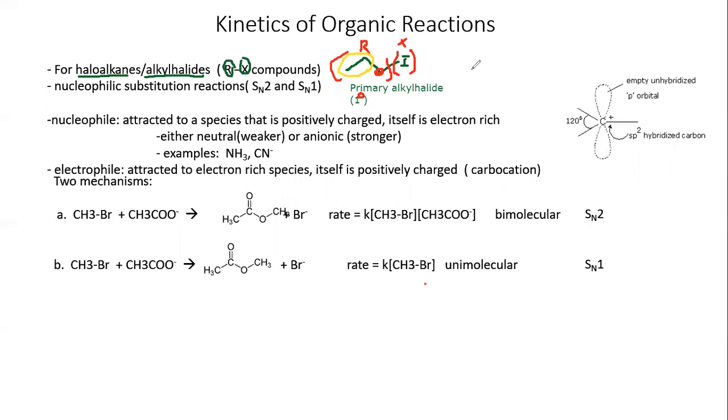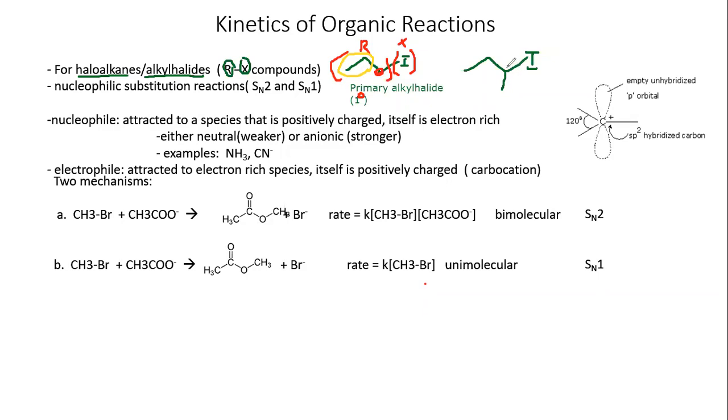So if we look at a secondary alkyl halide, let me go back to green. I'll draw the same molecule, but now make it a secondary alkyl halide. So again, this was the primary. Now to make it secondary, there's going to be two carbon groups off of that one carbon attached to the halogen.